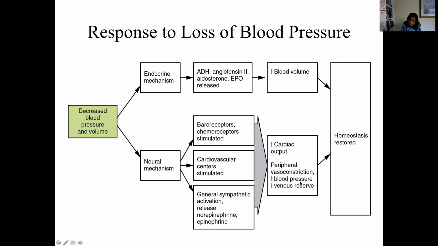So that is a typical situation when there is decreased blood pressure and blood volume. One other point is decreased venous reserve because of the vasoconstriction. There is more blood being circulated than being pooled in the veins.